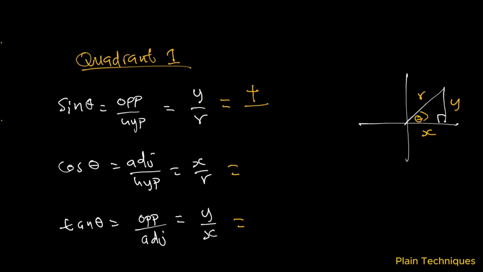And look at that, r is always positive. I'm going to put positive there. So positive over positive is always positive, which means sine in the first quadrant is positive.